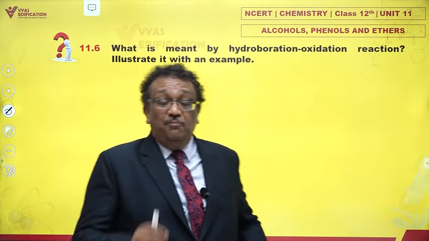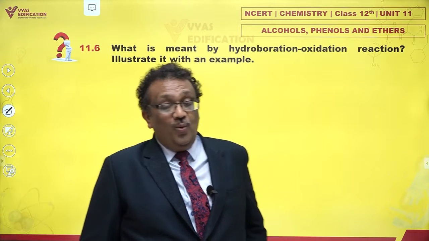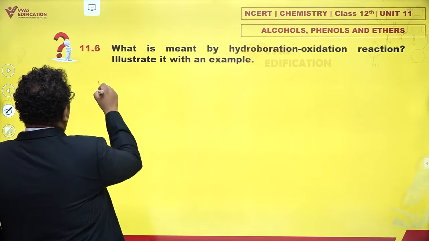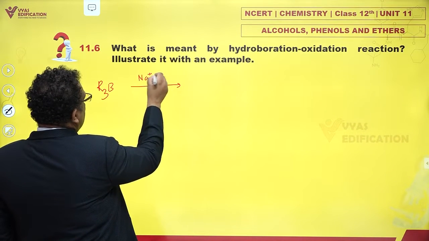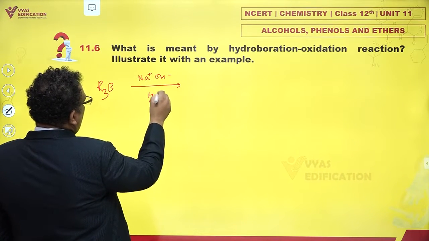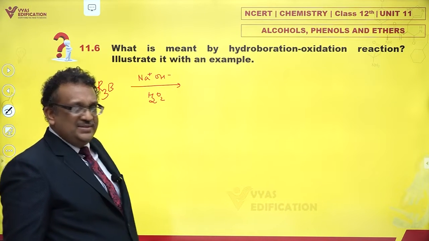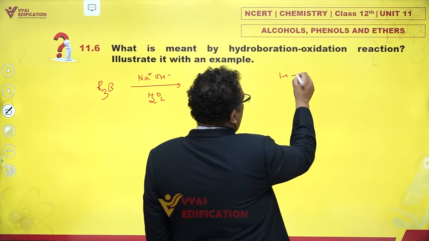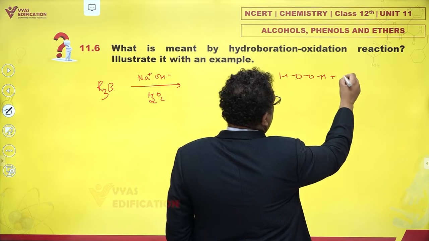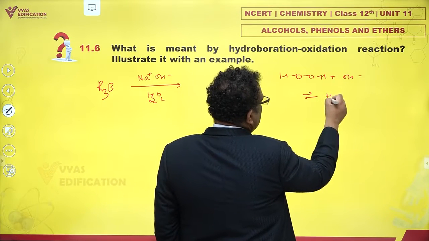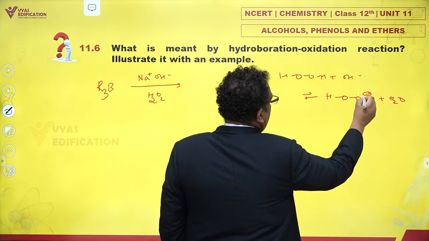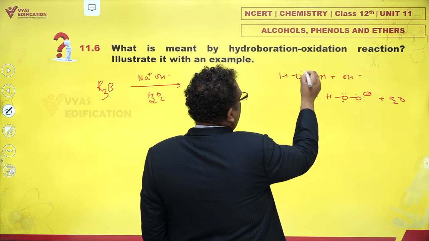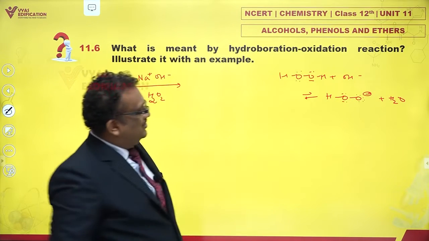When these alkyl boranes are treated with NaOH and H2O2, you have R3B, and you use NaOH and H2O2. You know what happens? HOOH forms HOO minus. This is the reaction.